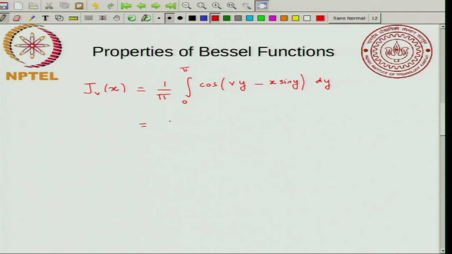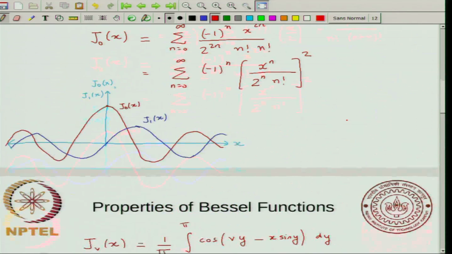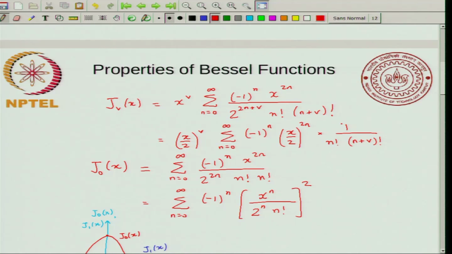Alternatively, you can write it in a slightly different way, 1 over 2 pi integral minus pi to pi. So this cosine can be expressed in terms of exponentials, and you can show that this is equal to e to the i, and you have exactly the same thing, (v y minus x sine y) dy. So I can write this in this form. Showing that this integral gives you the same as this series is a bit of an exercise.